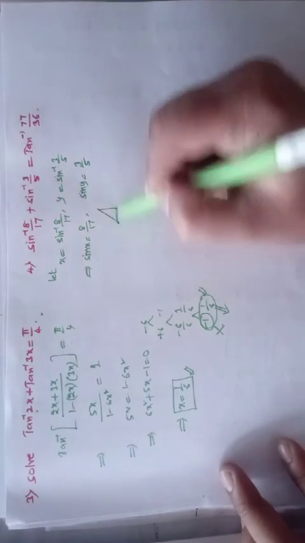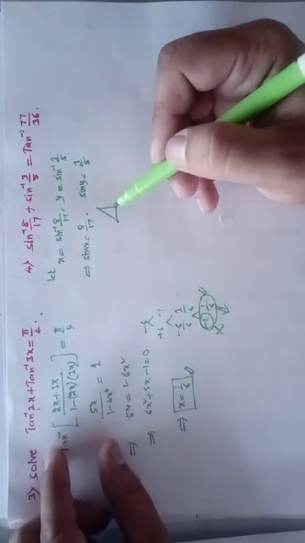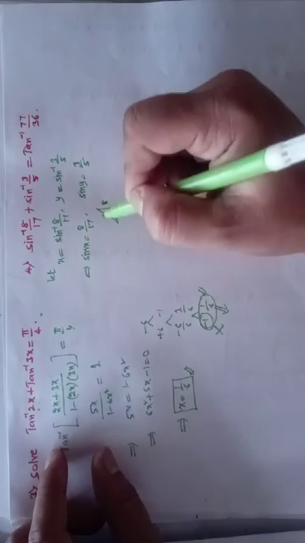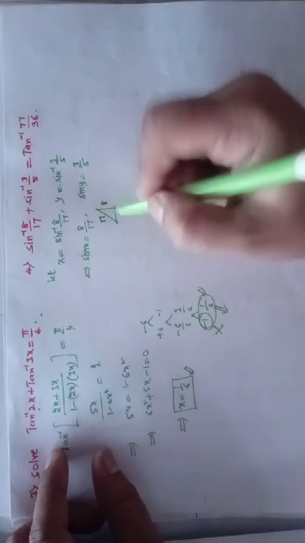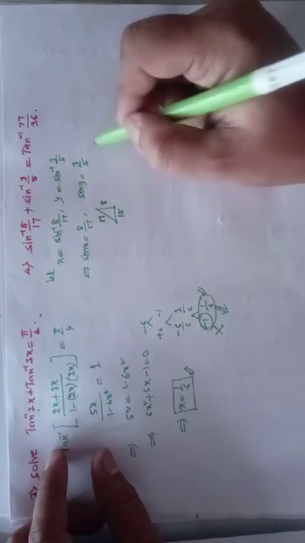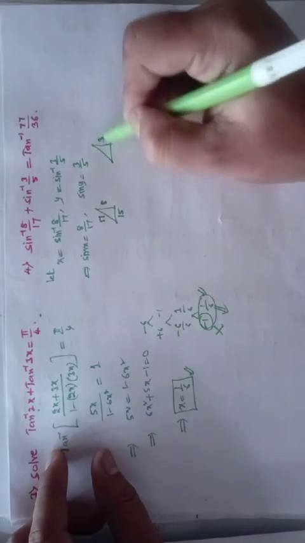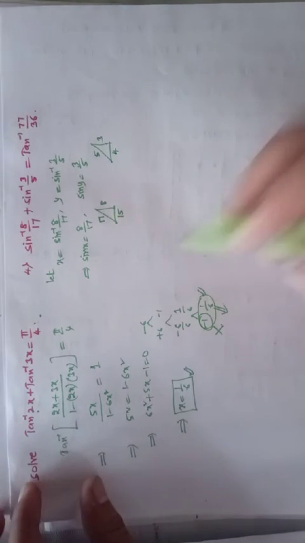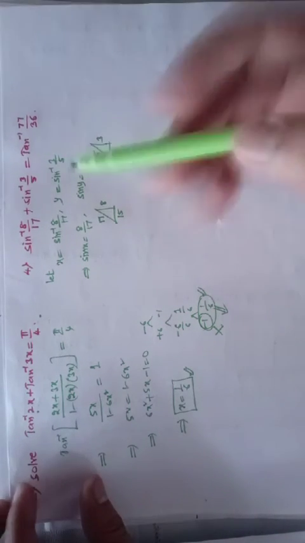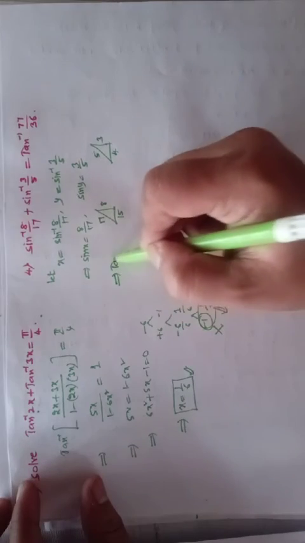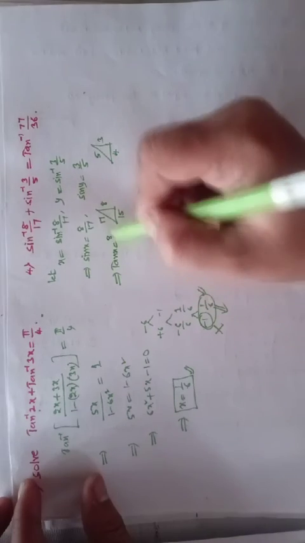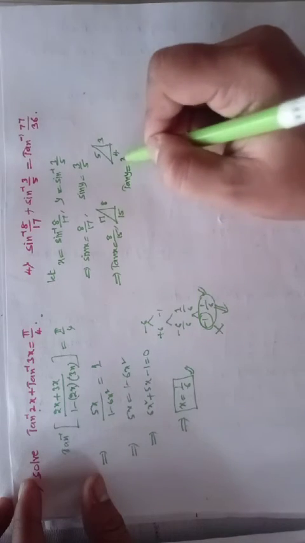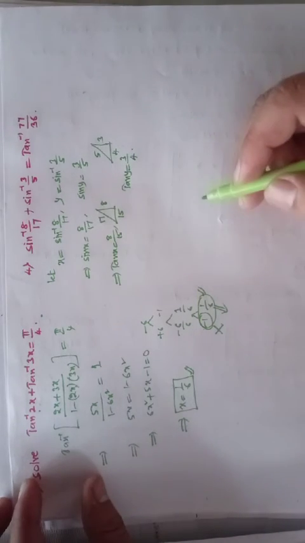Then for sin x, opposite is 8, hypotenuse is 17, and adjacent side is 15; for sin y, opposite is 3, hypotenuse is 5, and adjacent side is 4. Then you need to write in terms of tan, and here tan x is equal to 8 by 15, and tan y is equal to 3 by 4.